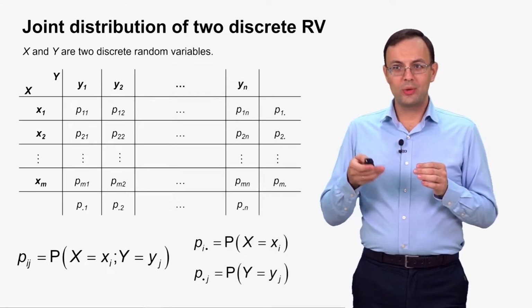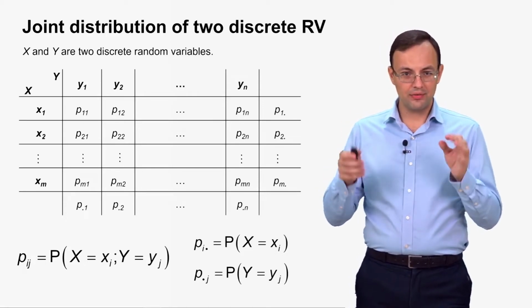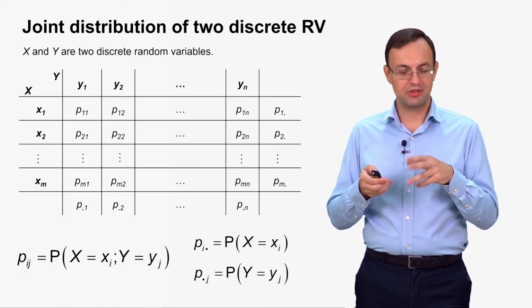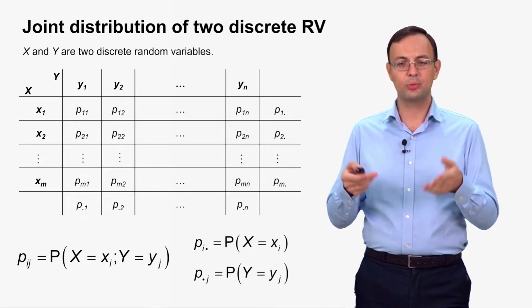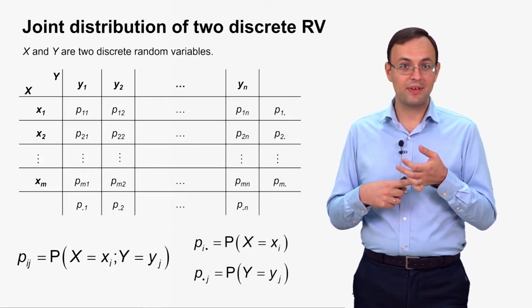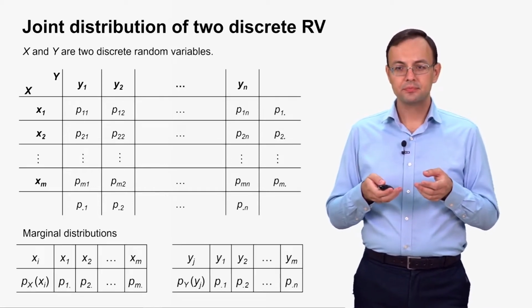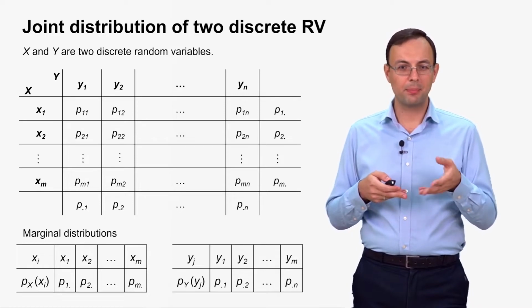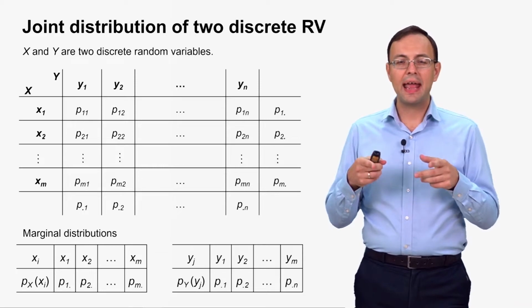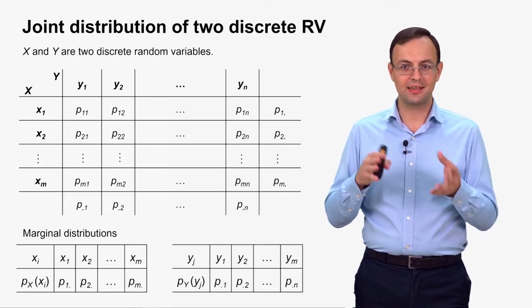And so when we know these sums, we can fill the distribution tables of x and y respectively. In other words, these are PMFs, probability mass functions of x and y respectively. So using these probabilities with dots, we can fill these distribution tables. And these distributions are called marginal distributions of x and y.